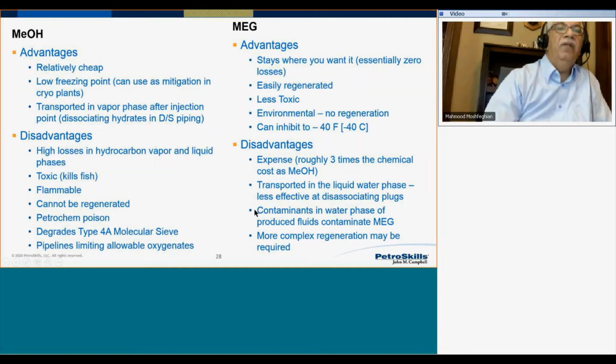Another problem with MEG is that the water phase of produced fluid contaminates the MEG, and that's why we need reclamation and taking care of the salt deposition in our regeneration system. More complex regeneration may be required to reclaim the MEG and prevent salt formation.